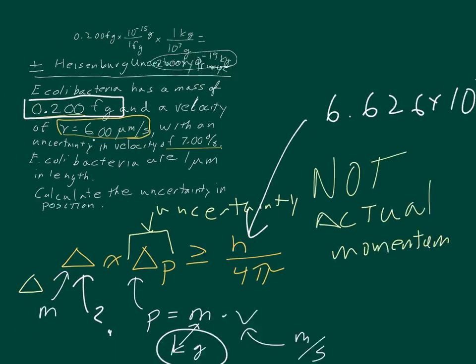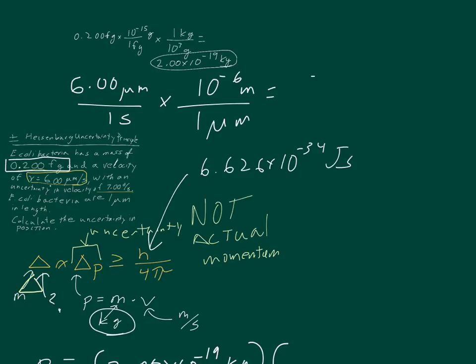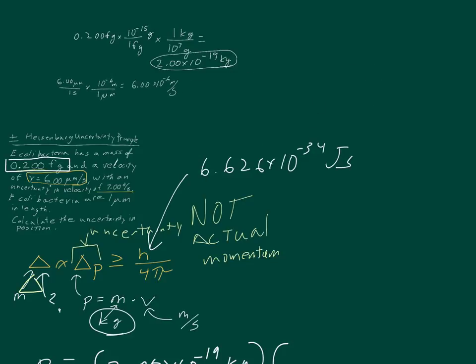So let's do another quick unit conversion here. I've got 6 micrometers over 1 second. I want to get rid of micrometers. I want to go to meters. So 6.00 times 10 to the negative 6 meters per second. So now I have conforming units to use in my equation. So I'm going to shrink that up here.